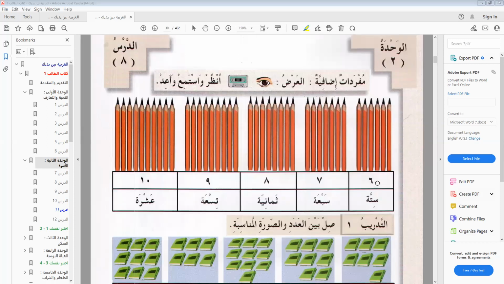So we'll part today with 6 to 10. 6 is sittah, 7 is sab'ah, 8 is thamaniyah, 9 is tis'ah, then 10 is 'ashrah. 6 again, sittah with a shadda. 7 is sab'ah, 8 is thamaniyah, 9 is tis'ah, and 10 is 'ashrah.